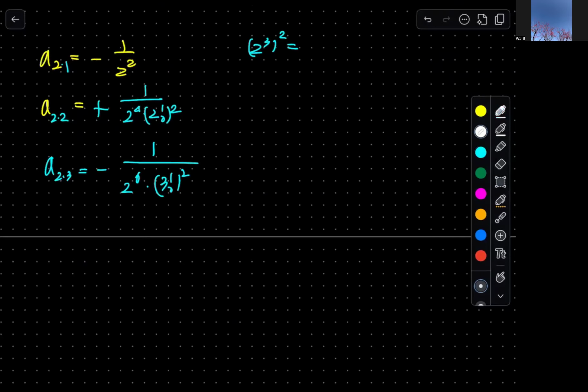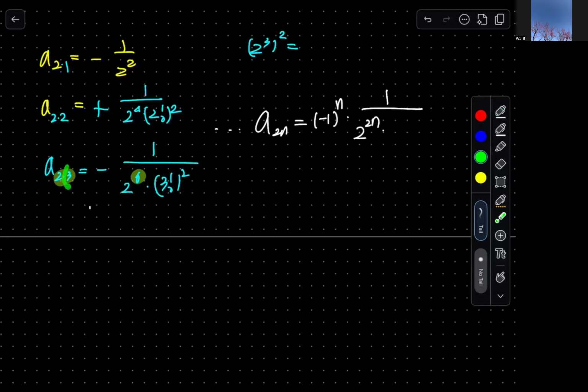And we are only interested in even terms, so it's going to be A2n. It is an alternating term, so I'm going to write it as minus 1 to the power of n times 1 over, as you can see, it follows the power of that. So I'm going to do 2 to the power of 2n. And for the quotient after factorizing by 2 will represent the factorial.